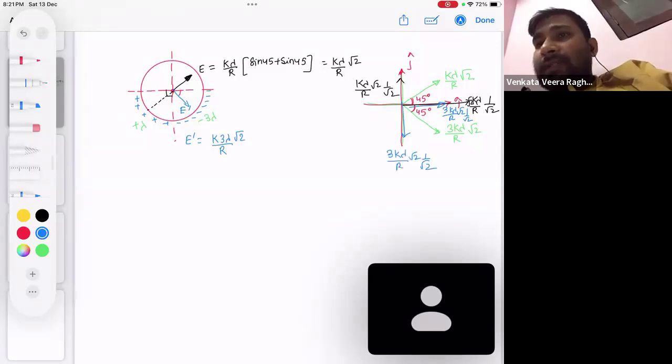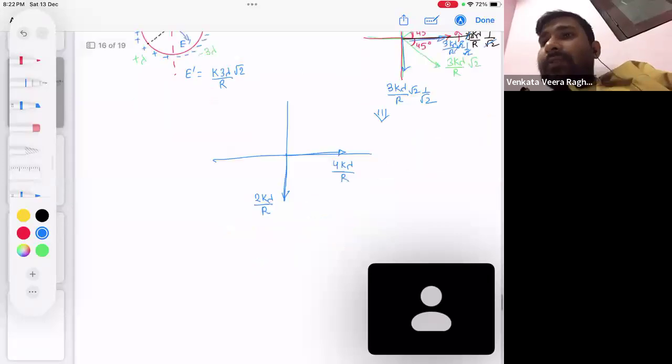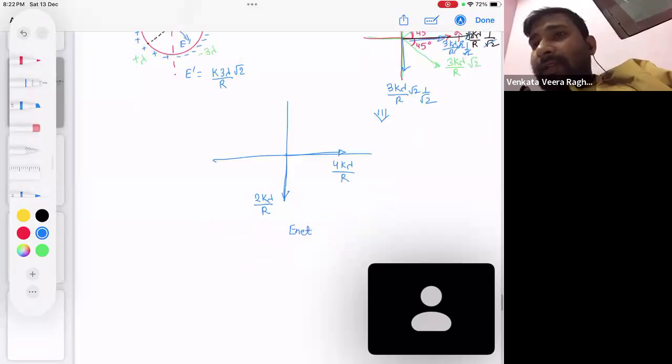If you simplify this further, is root 2 getting cancelled out from everywhere? Just check it. So 3 plus 1 is 4K lambda by R, and here 3 minus 1, so is it 2K lambda by R? So can you tell me what the net field is at that point, where they ask? Is it 4K lambda by R with I cap and 2K lambda by R with minus J cap?